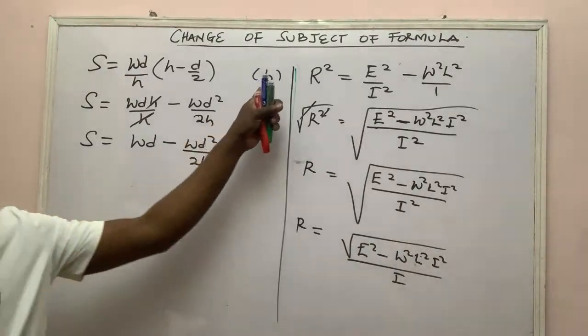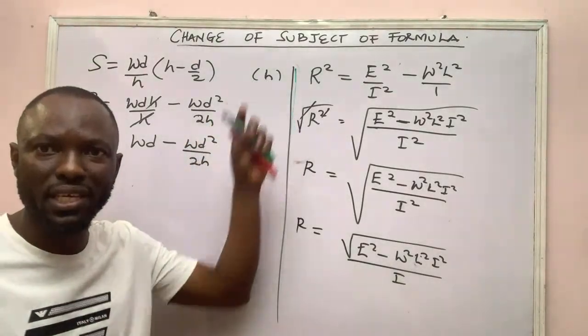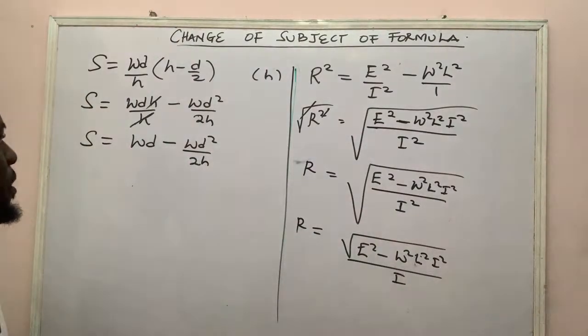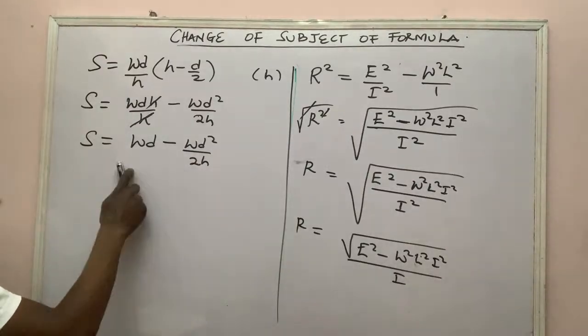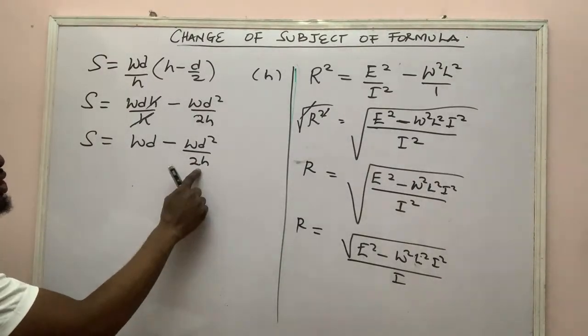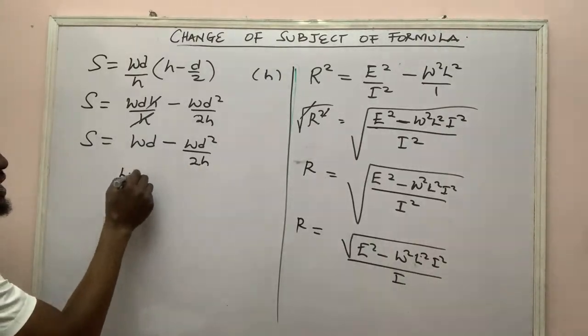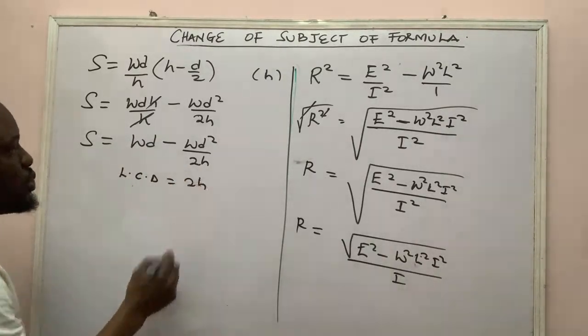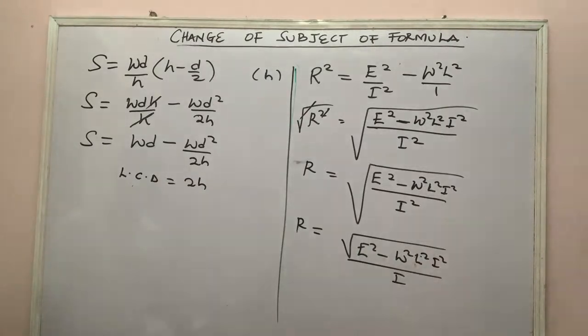Now we want to make H the subject. Remember, I want to make H the subject of the formula. So what we need to do here, you can decide to divide through because you want to get rid of the denominator. So we can decide that our LCD is 2H. So multiply the equation through by the LCD. All right. So that's another way to look at it.